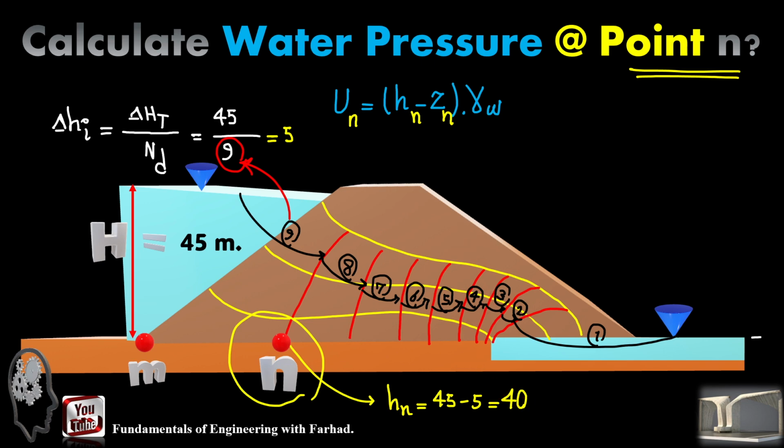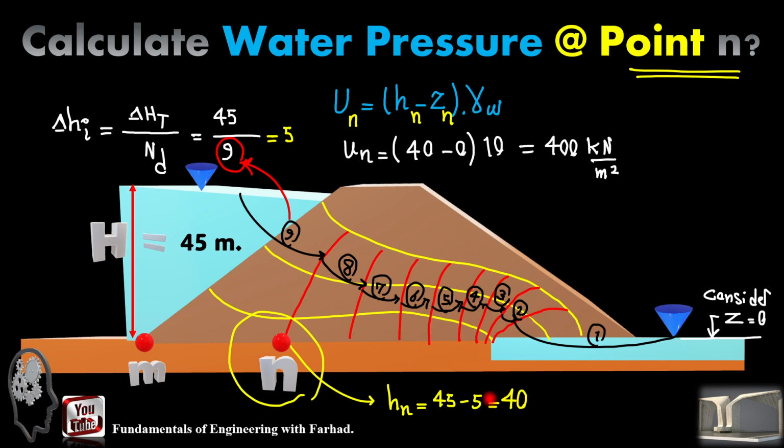At the same time, if we consider our base here as a constant line, Z is equal to 0. So at N, definitely our Z is 0. 40 minus 0 times 10, which is gamma of water in terms of kilonewton per meter cubed. That's the unit weight.